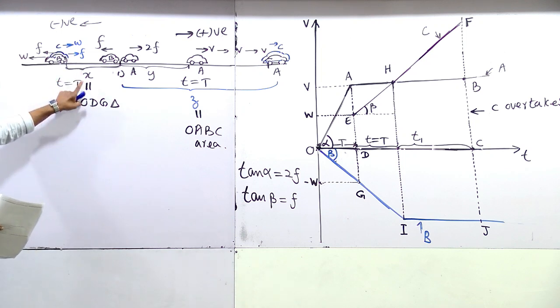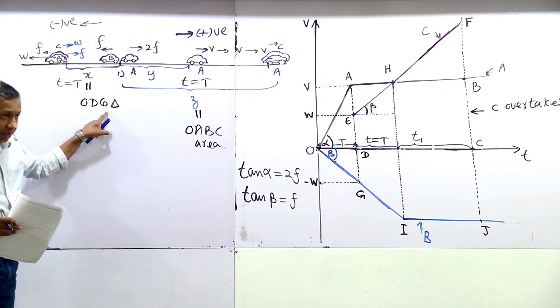Your X given by, what? ODG triangle area. Is it clear?